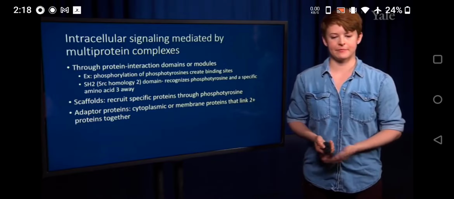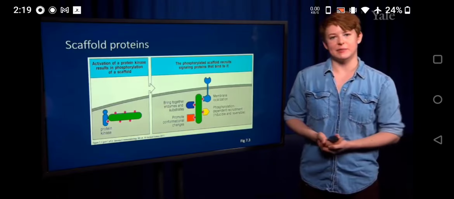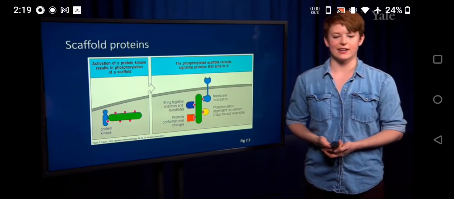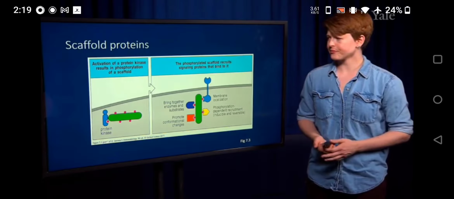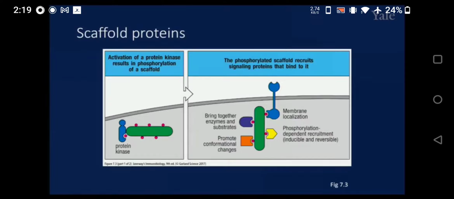One example of these multi-protein complexes are scaffold proteins. Scaffold proteins are large proteins within a cell that, when phosphorylated, bind to multiple different proteins. So they bring this signaling complex together.